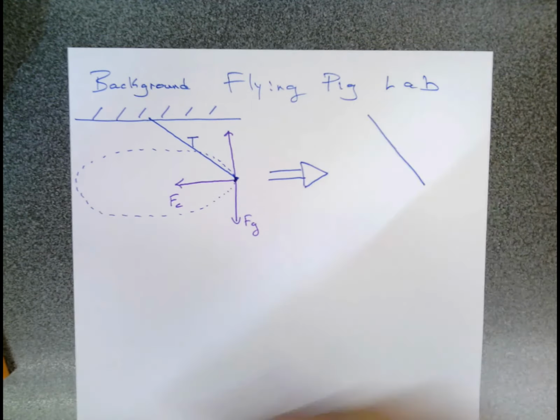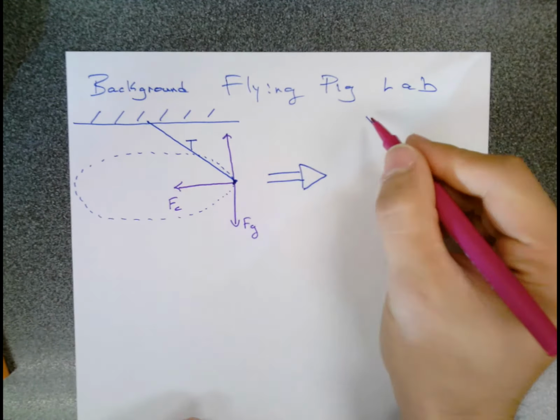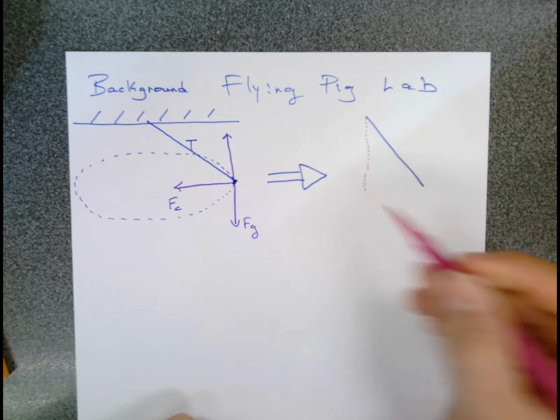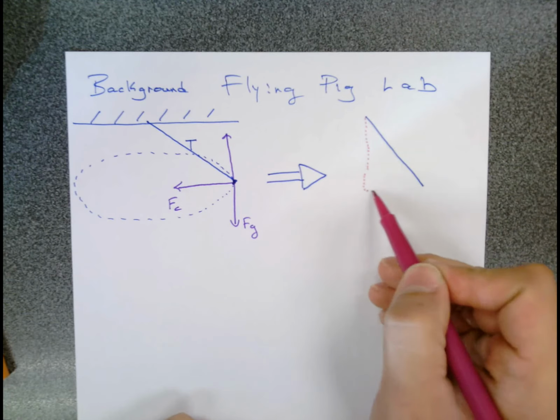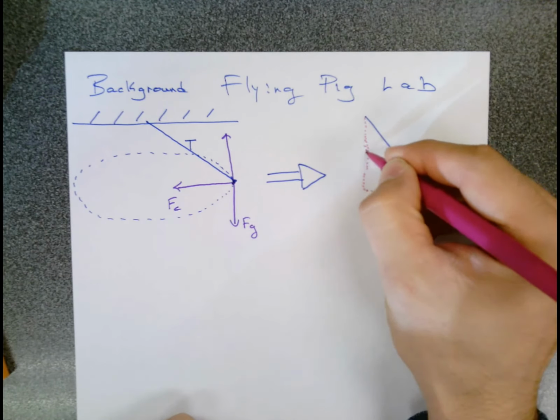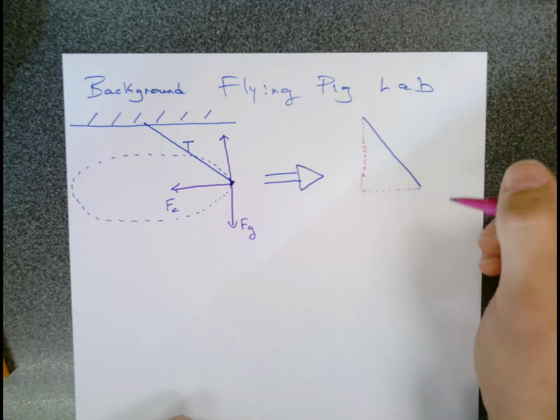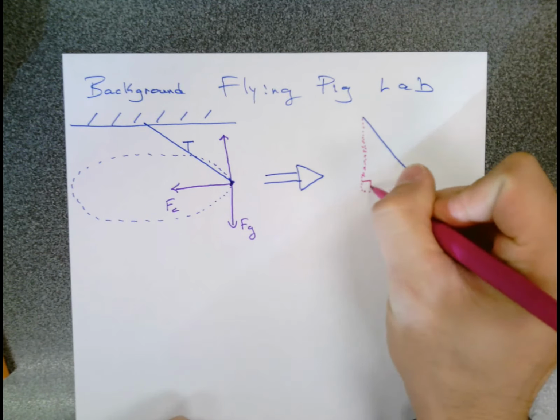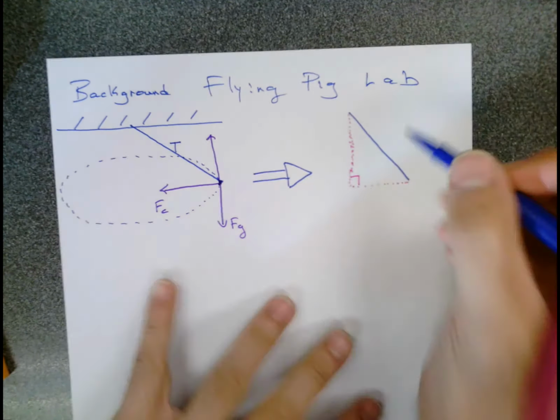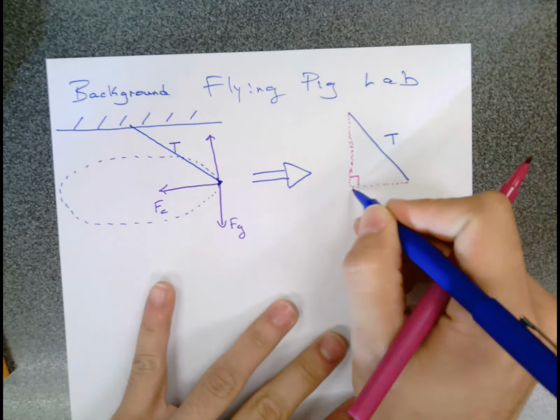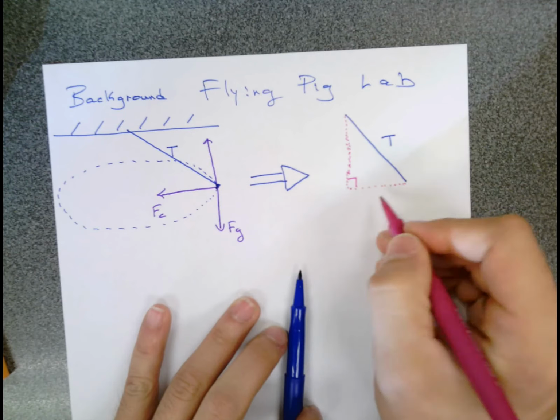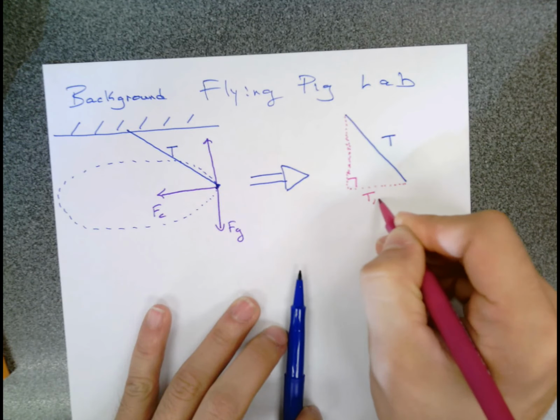This blue line represents the string, and when that force on the string is pulled at an angle, we can separate this triangle into two parts. One is the vertical and one is the horizontal. This makes a right triangle. We're going to label the blue line as T. We're going to label the horizontal part of breaking down the tension in the string as T in the X direction.